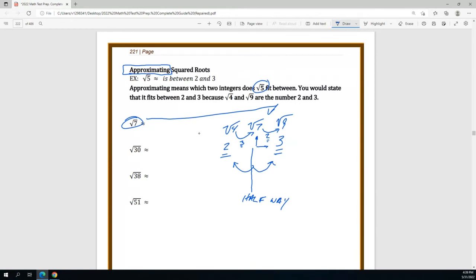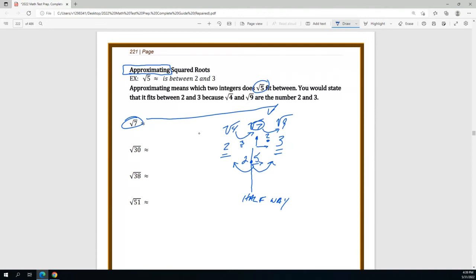Now, halfway between the number 2 and 3, guess what? Is the number 2.5. So that means that whatever this is, because its distance is shorter, it's closer to the 3, which means it's on this side of 2.5.